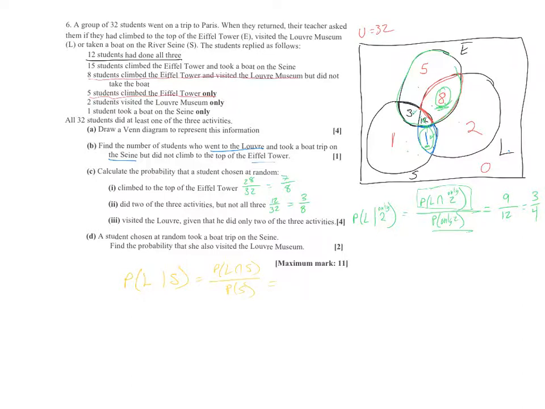And so L and S is this right here, so that looks like 13 to me, divided by the total of S, which is 12, 15, 16, 17, which is our final answer of 13 over 17. All right, and that's all the questions, that's all the SL questions from the quiz.